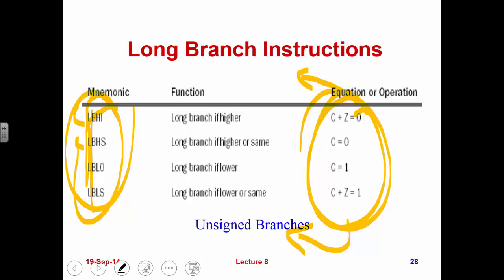Most of them involve 4 or 3 cycles, but a lot of the short branches involve 3 cycles or sometimes even 1 cycle. Long branches are much longer.